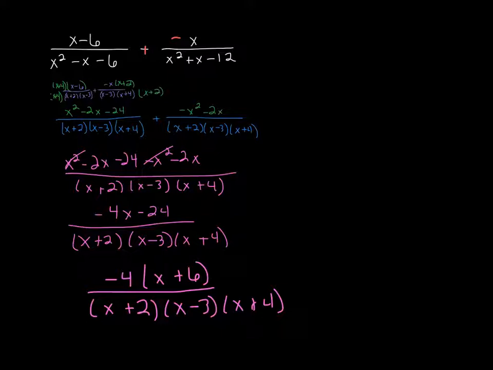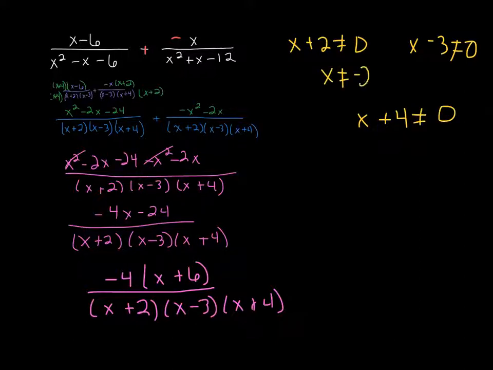We do need to find our excluded values to go with it though. So look at your common denominator. You have x plus 2 cannot equal 0, x minus 3 cannot equal 0, and x plus 4 cannot equal 0.